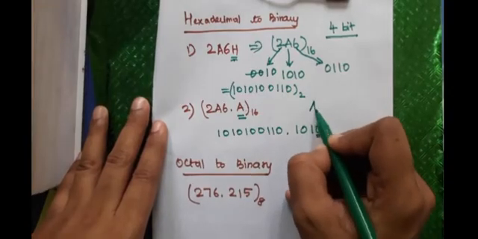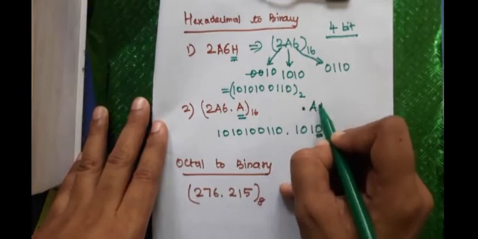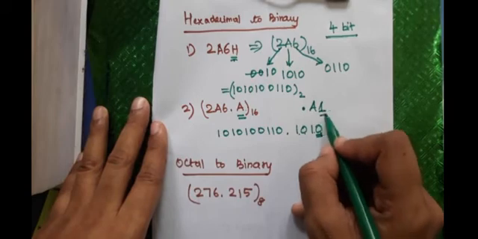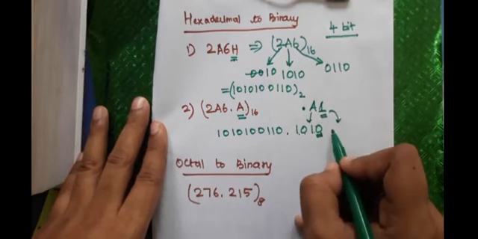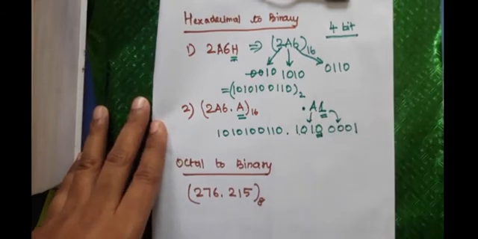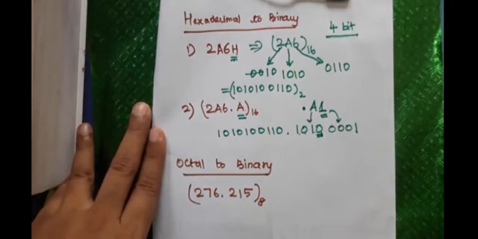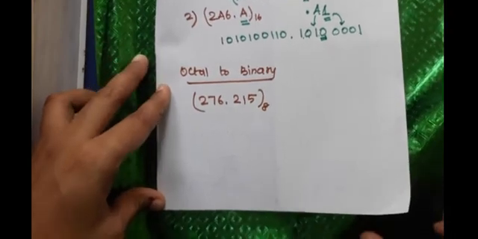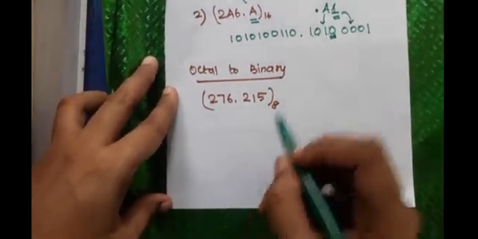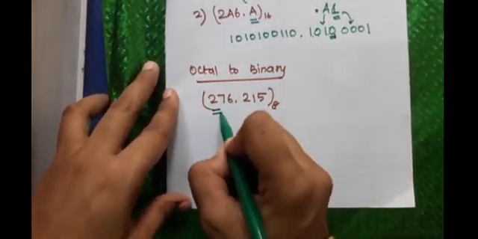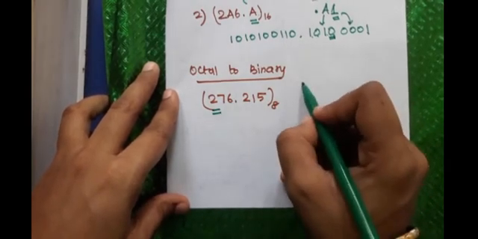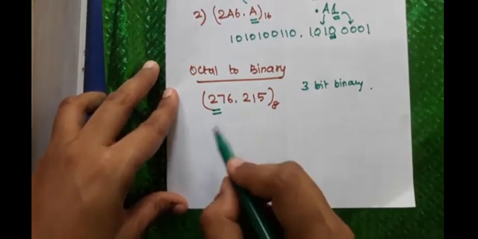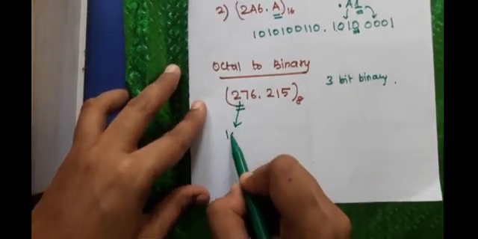In case we have any number like this, dot A1, then I write it as 1010, and this 1 can be written as 0001. Yes, fine. Now, a similar method is adopted for conversion of octal to binary. But here, I expand each digit as 3-bit binary numbers.